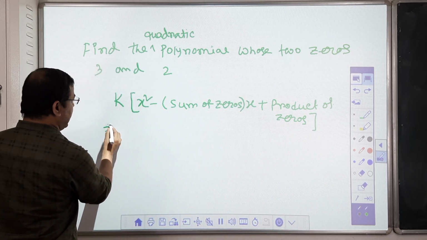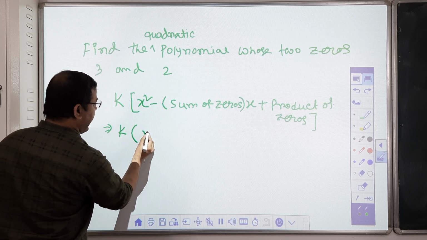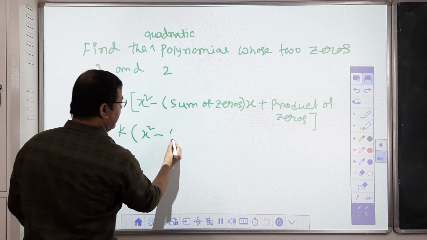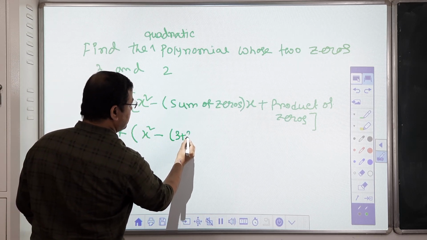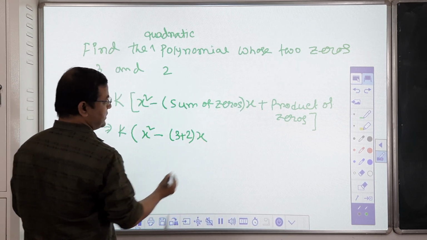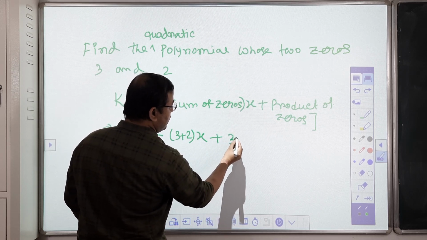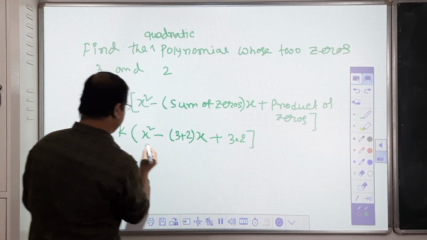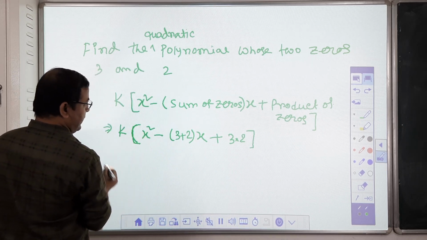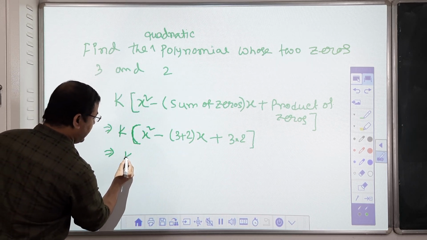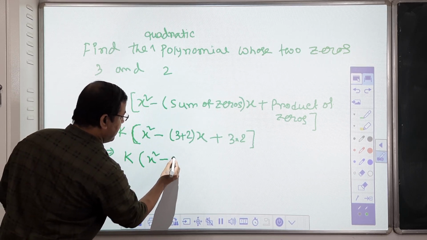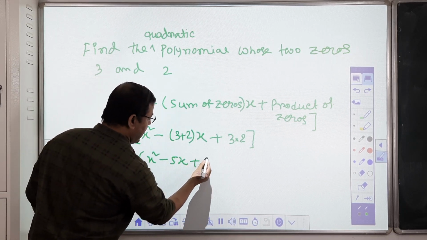So the polynomial is k into x square minus, here the sum of the zeros is 3 plus 2, into x plus the product of the zeros, which is 3 into 2. That means the quadratic polynomial is k into x square minus 5x plus 6.